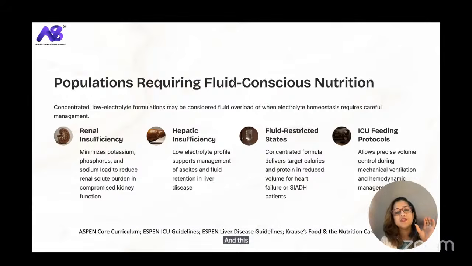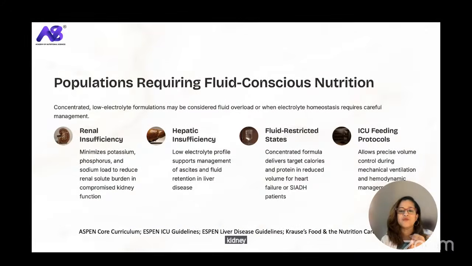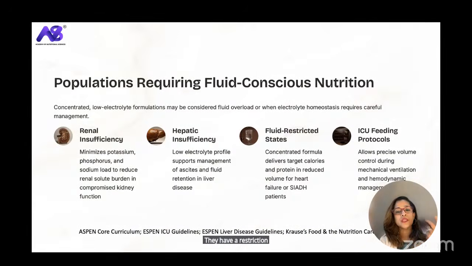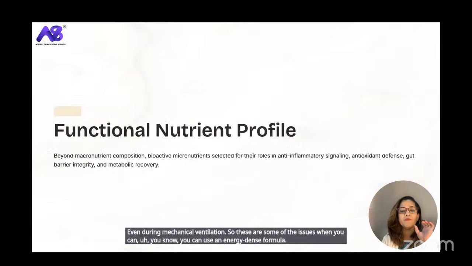And this is particularly relevant in special conditions when you have kidney dysfunction, liver dysfunction, some patients have ascites, some patients have heart failure, or their ejection fractions are fluctuating, they have a restriction because there could be fluid balance issues even during mechanical ventilation. So these are some of the issues when you can use an energy dense formula.